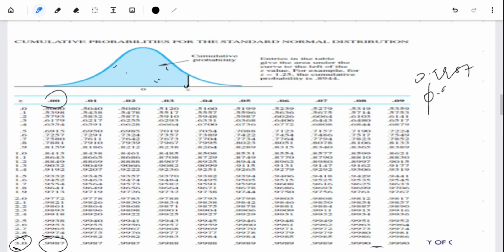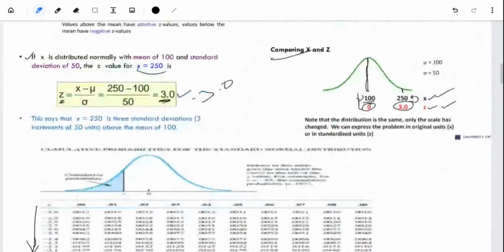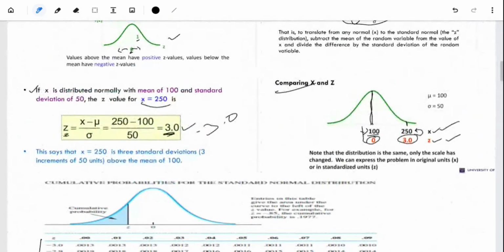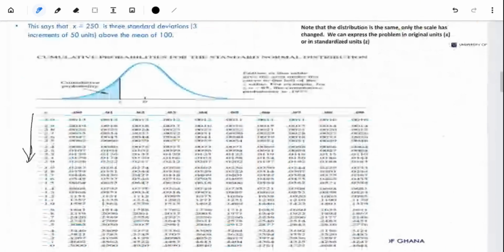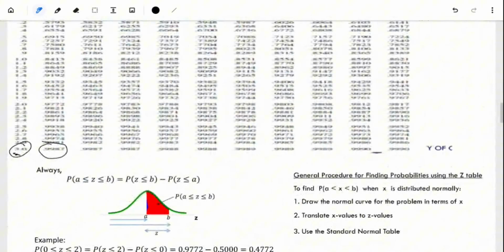So our probability is 0.9987 here, which means all this shaded portion represents that probability. Okay, so let's go forward.